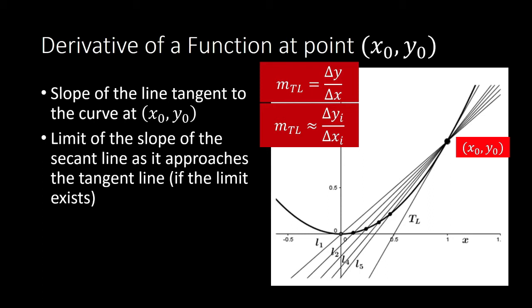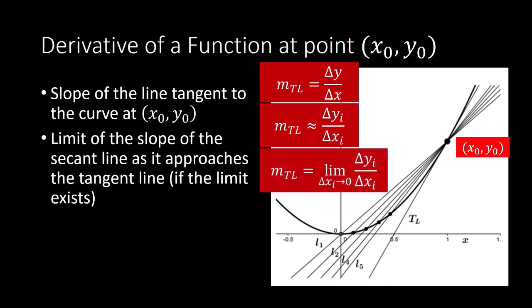The slope of our tangent line is going to be approximately equal to delta y sub i over delta x sub i. So for every secant line, we are going to produce a pair of points. This is one of the points, and this one will be the other point. And with those 2 points, we can compute delta y sub i over delta x sub i.